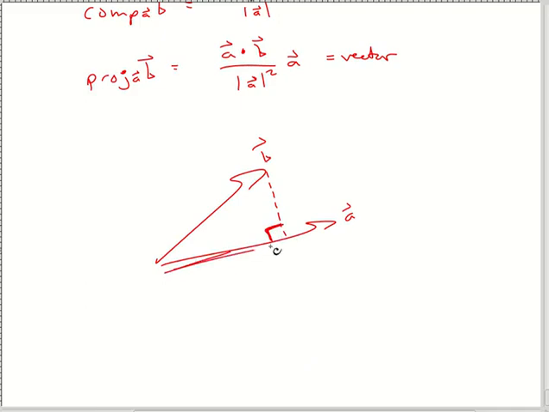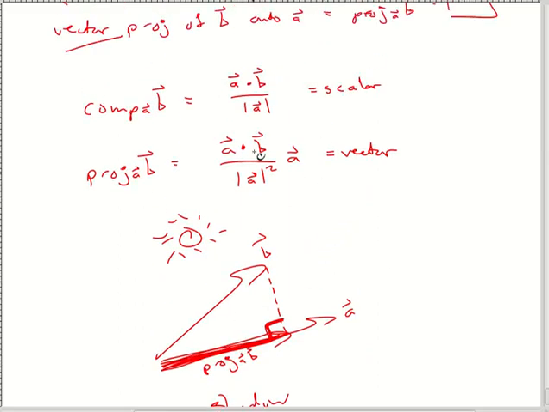So this vector right there is that projection vector, that B onto A kind of thing. I think of it like a shadow. It's like you have the sun right here, and what would B look like if it were flattened onto A? That's basically what's going on, and again, it's always at 90 degrees right there. Cool. So it is pretty important stuff, but again, it just comes down to a formula essentially.